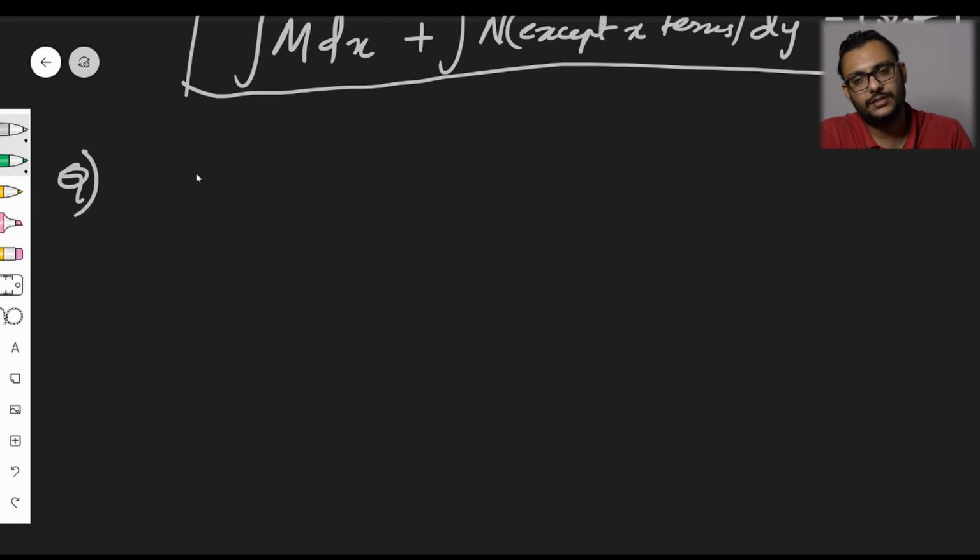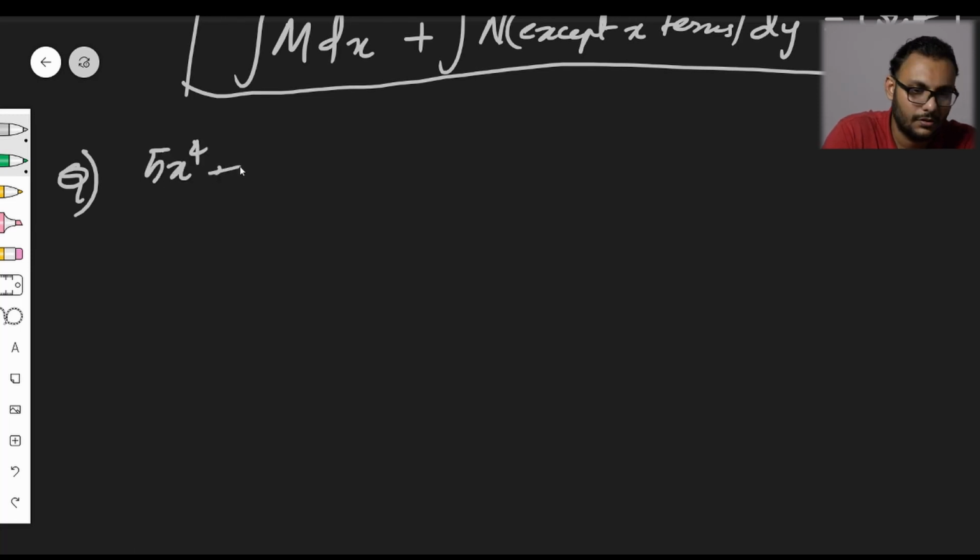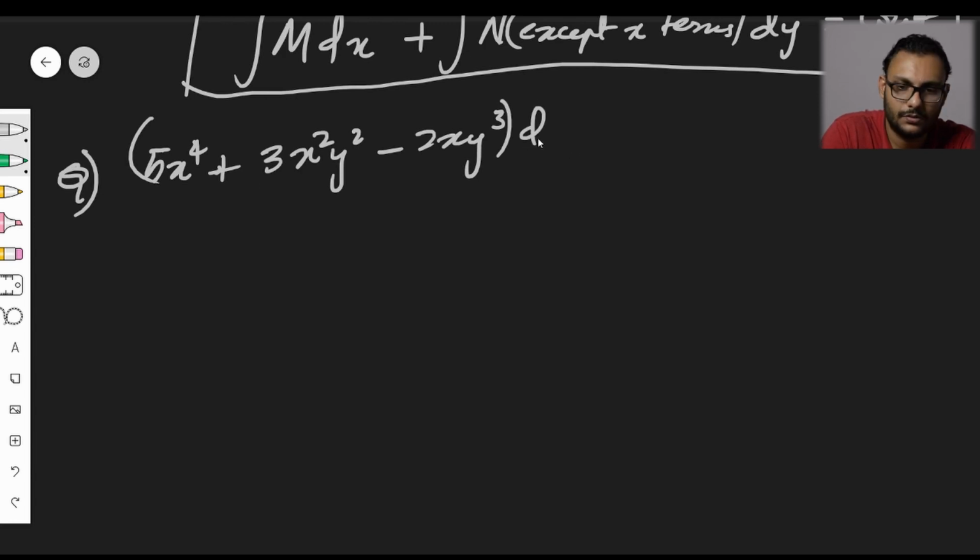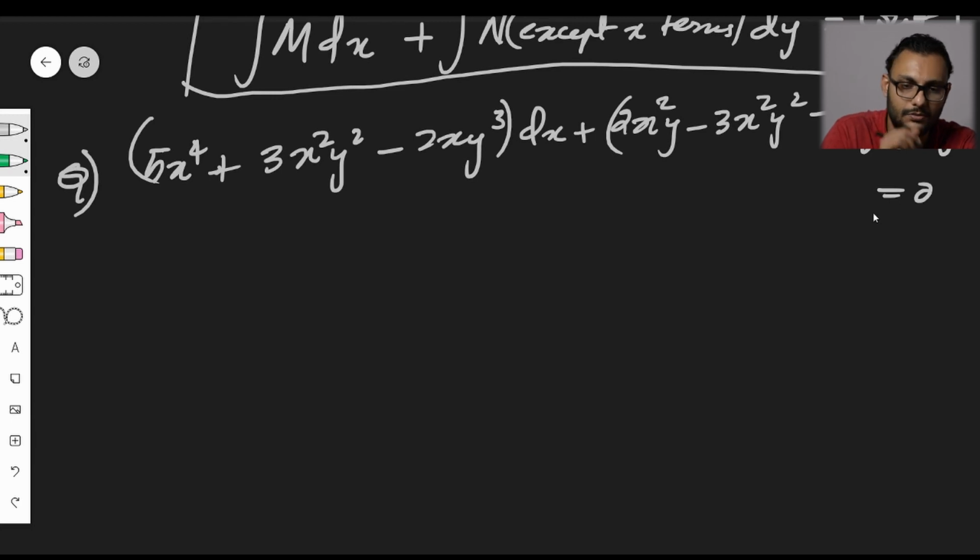So the question is: solve the differential equation (5x^4 + 3x^2y^2 - 2xy^3) dx + (2x^3y - 3x^2y^2 - 5y^4) dy = 0.